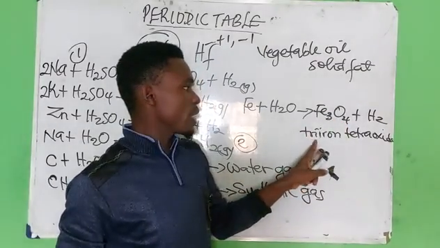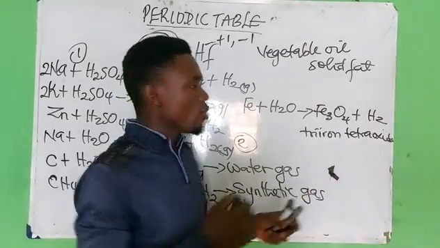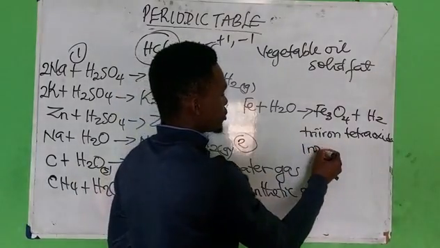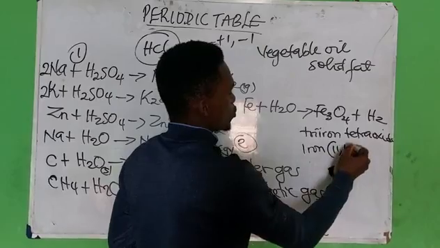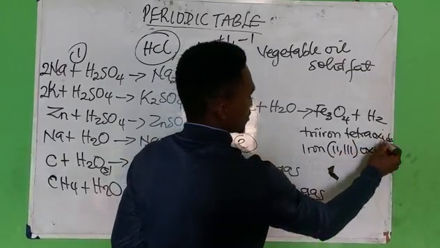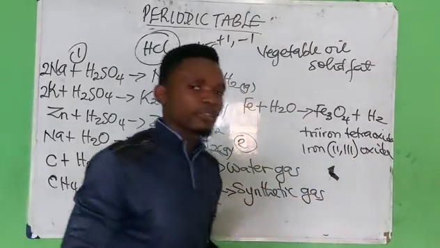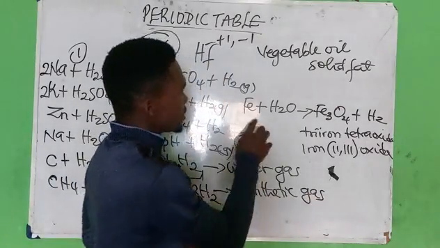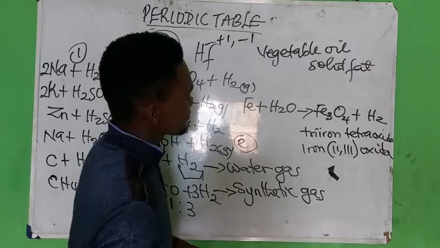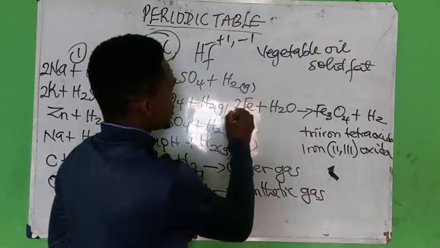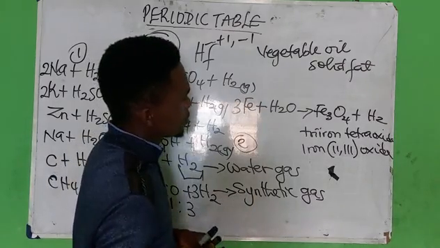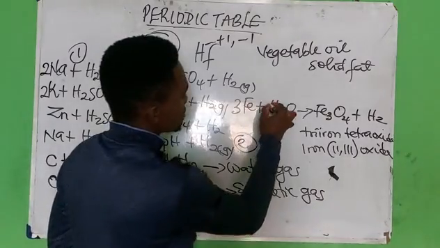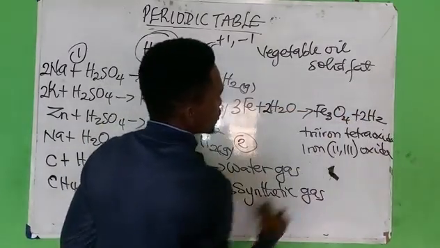So it's called triiron tetraoxide, or I can also call it iron(II,III) oxide. So is the equation balanced? I'll put 3 at the back of this place, then 2 at the back of this place, then 2 at the back of this place.